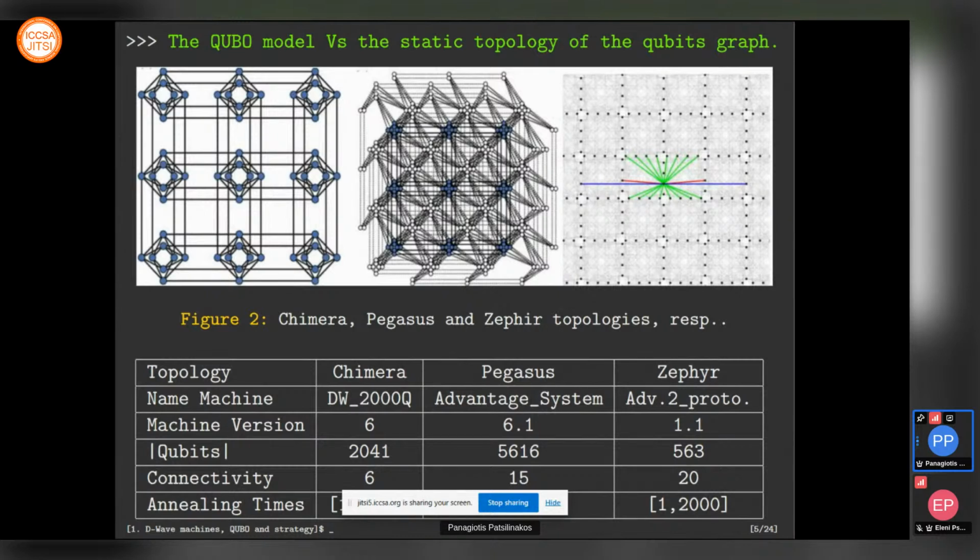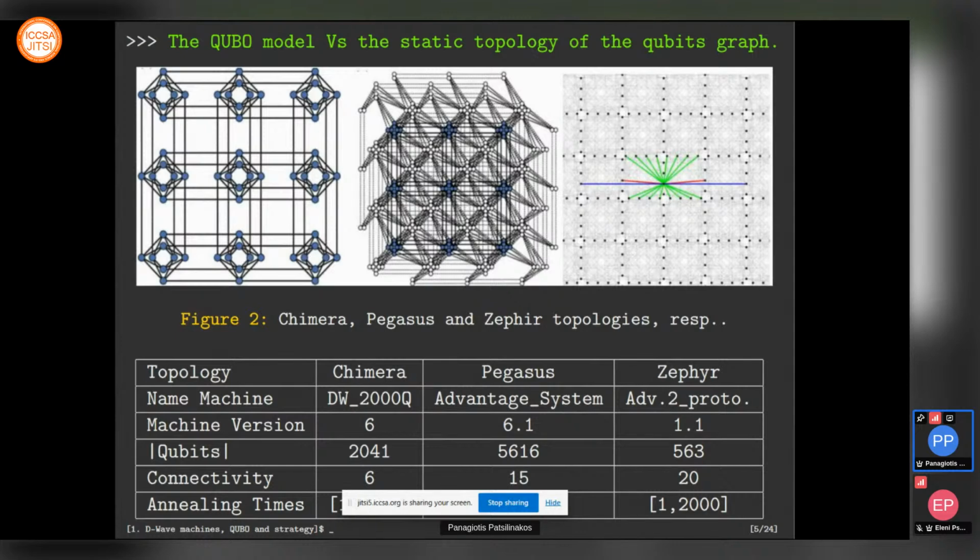But imagine you have to solve a TSP instance with 20 cities. You need a complete graph. So this connectivity is definitely not enough. So your graph will be modified to a larger graph, and you might have a hard time finding how to build this graph.